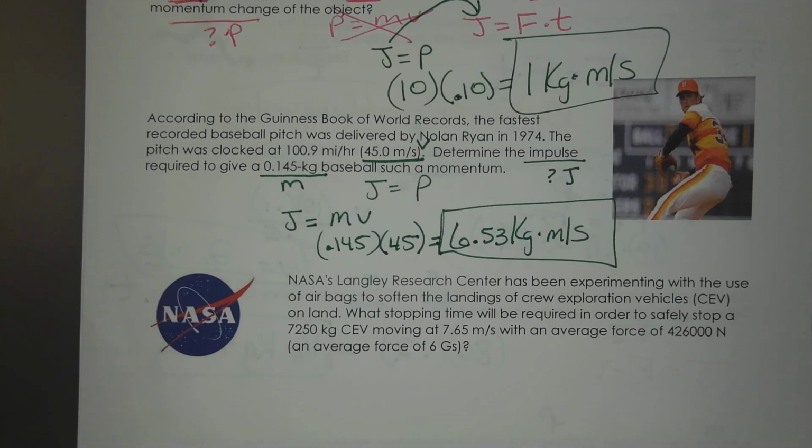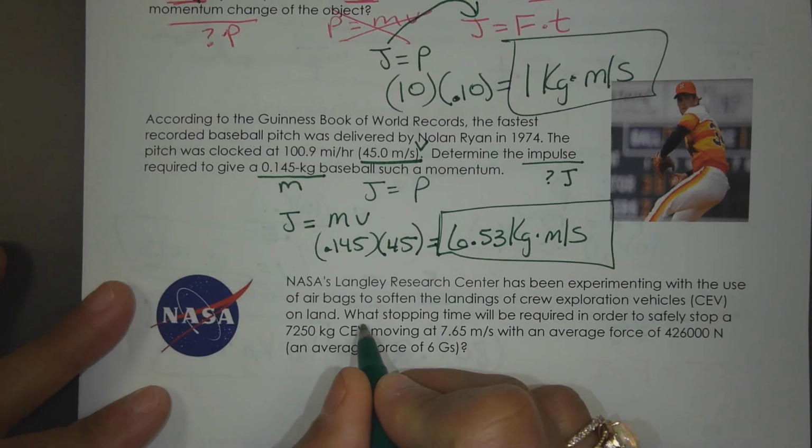NASA, it says here, has been experimenting with using airbags to soften the landing of crew exploration vehicles on land. What stopping time will be required, so what stopping time?